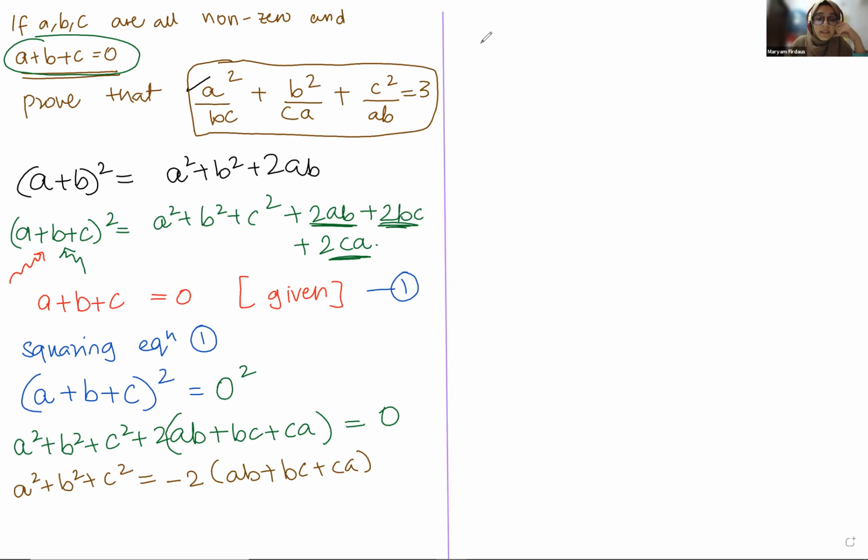Divide the whole thing by ABC. Or maybe not ABC. Yeah, okay, let's divide it by ABC. I'm just doing trial and error and seeing what works, okay?